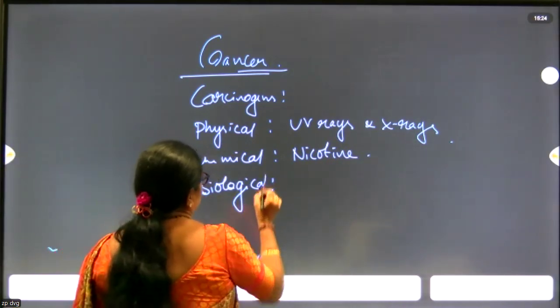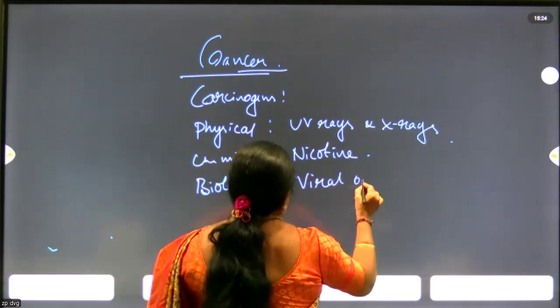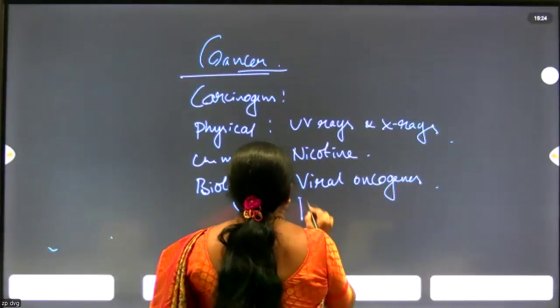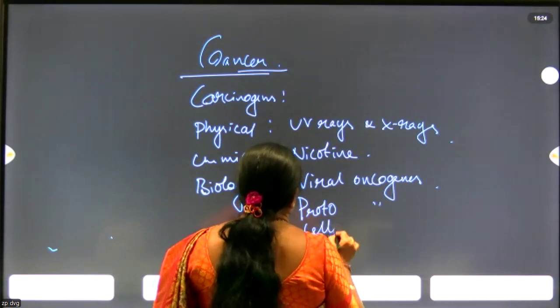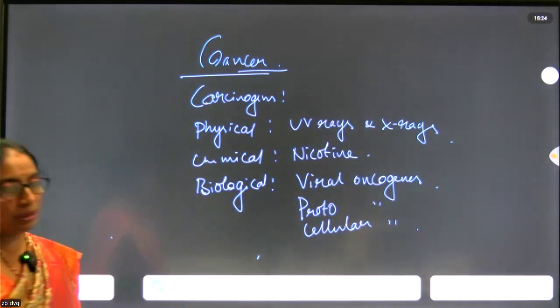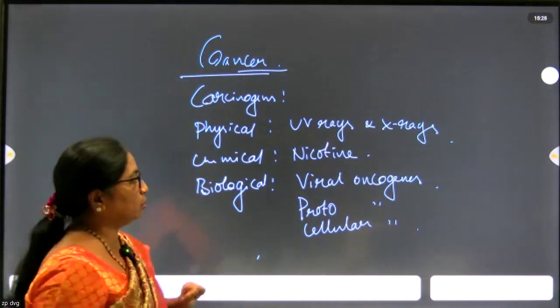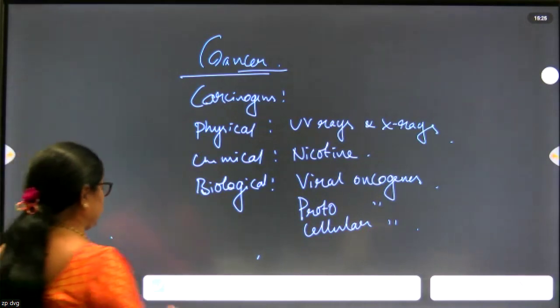Biological carcinogens are some viral oncogenes, and also proto-oncogenes are also called cellular oncogenes. So these are certain cancer causing agents which are called carcinogens. So that is something about the causes of cancer.